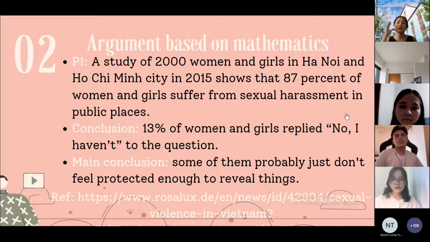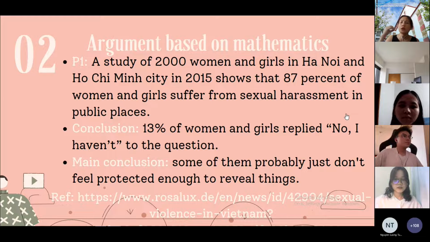Can I say something on your answer? You have the correct format of math because you did the subtraction. 100 minus 87 equals 13, isn't it? But I'm also concerned about this argument because from only one premise to the conclusion, it's really difficult to go to the main conclusion, as you are trying to say that some of them, that means 13%, just don't feel protected enough to reveal things.